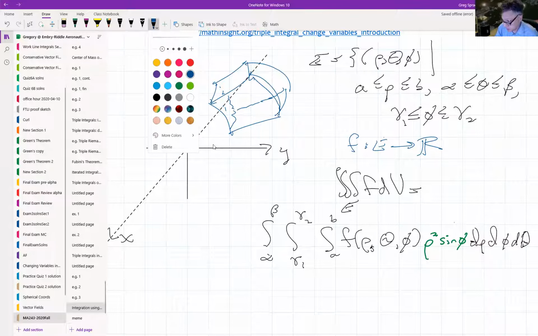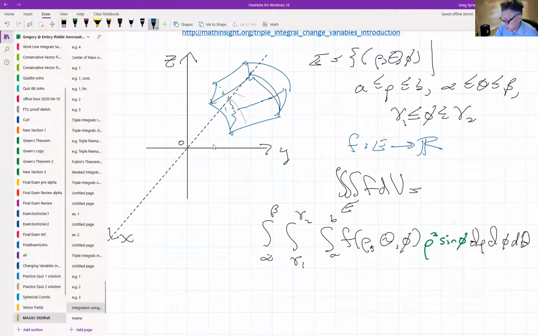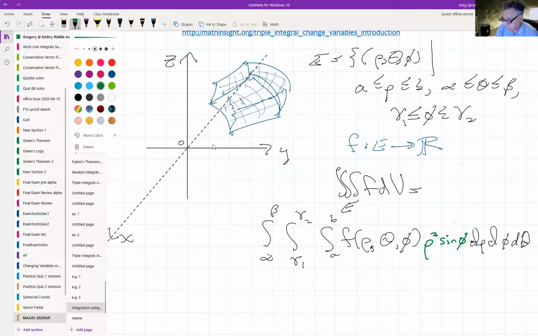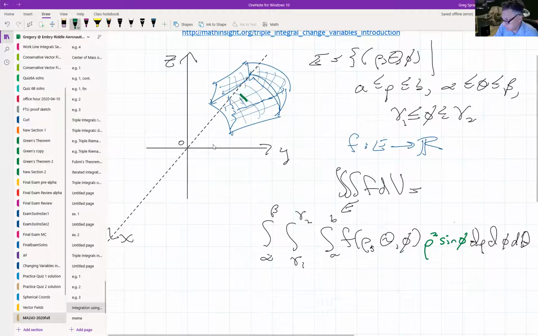So as usual, we'll cut the spherical box into little pieces, into little spherical sub boxes. And I'll call a typical box EIJK.